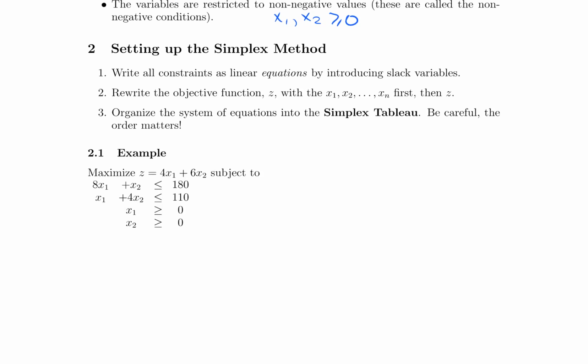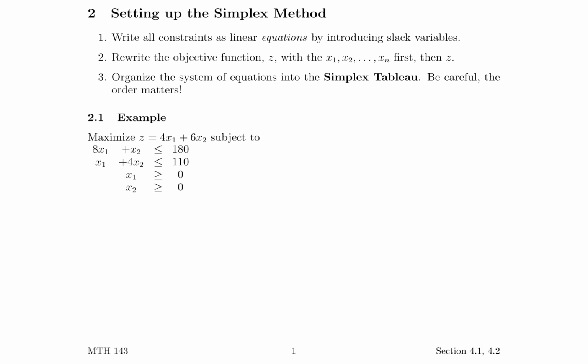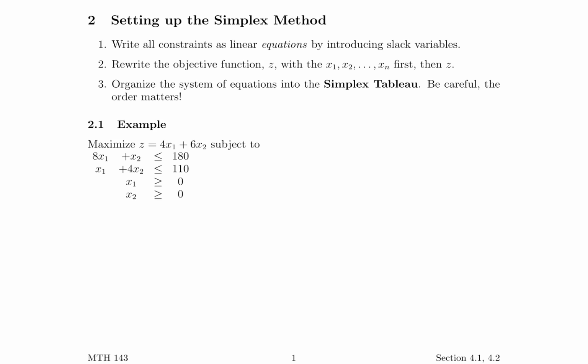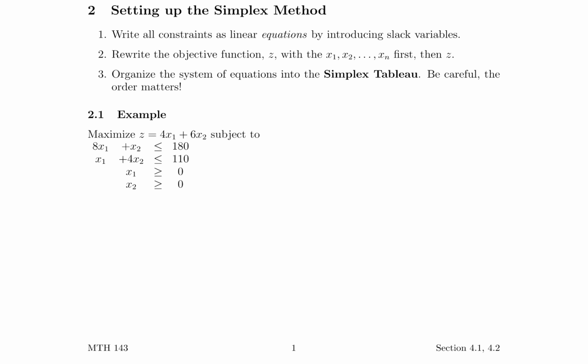So the way we set up the simplex method is we take our linear inequalities and we rewrite them as linear equations by introducing an extra variable called a slack variable. So take a look at the example that we have down here. Our first linear inequality is 8x1 plus x2 less than or equal to 180.